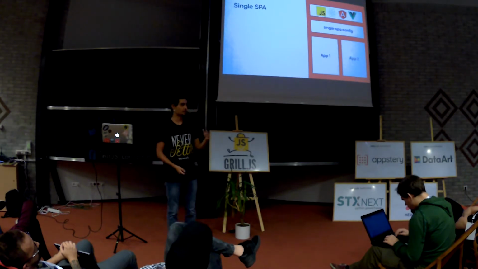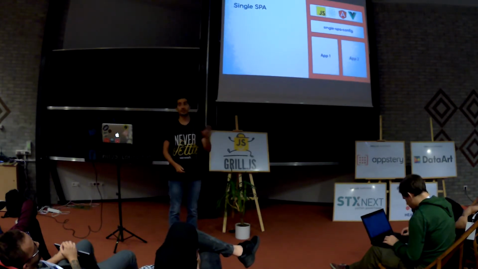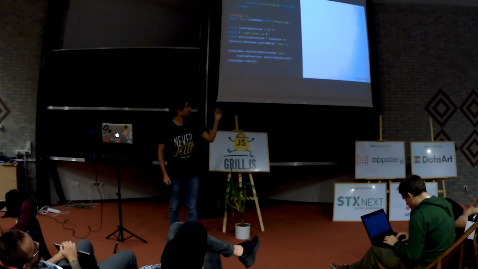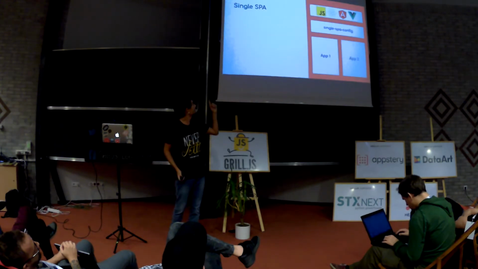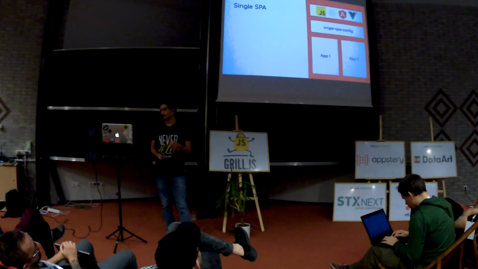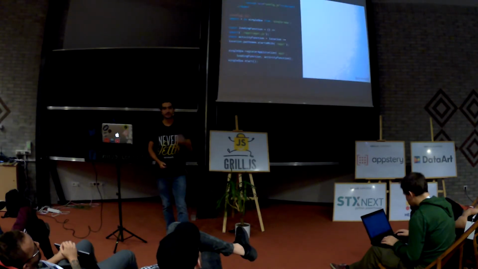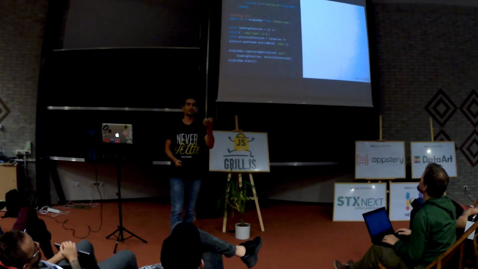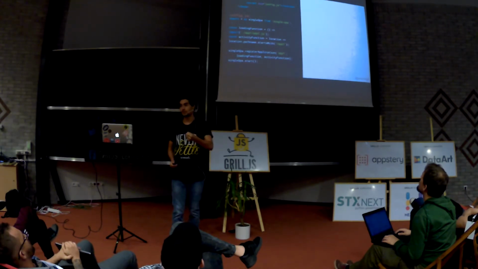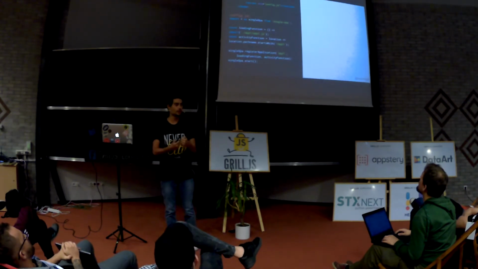Last thing, and I think this is the simplest solution there: single-spa. SPA is single page application. A very weird name. But at the end of the day, this is some kind of framework that gives you the right hooks to actually connect your application.